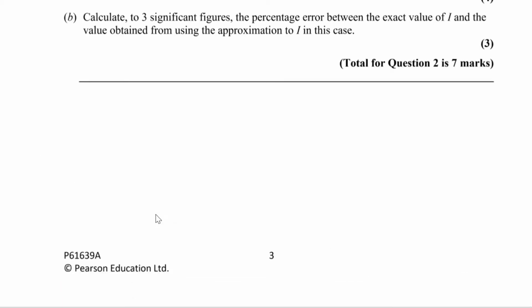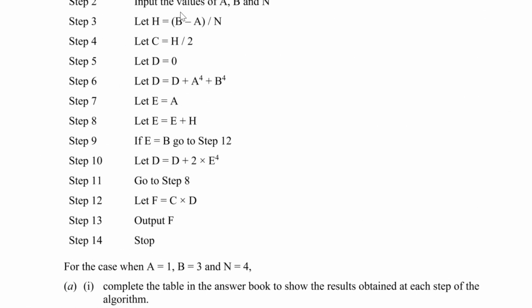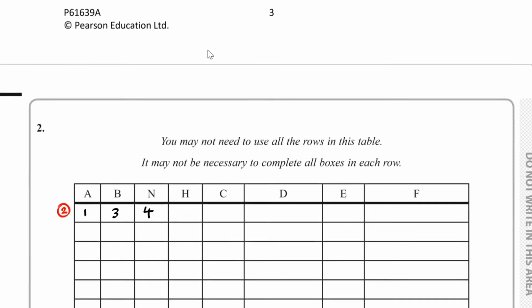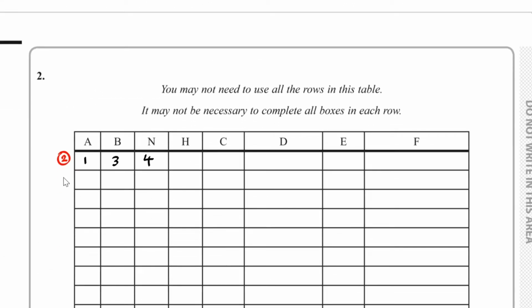Okay, and then for step 3 we have to let h equal b minus a over n. So for step 3 we have to let h equal b minus a over n. 3 minus 1, that's 2, over 4, that's 0.5.